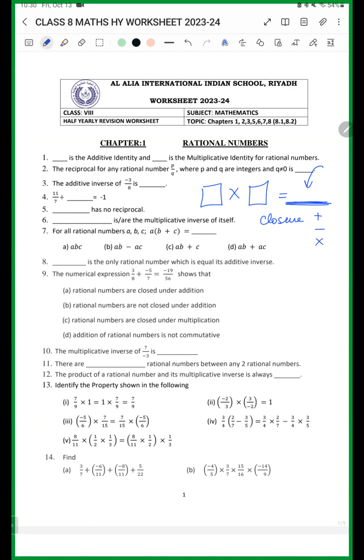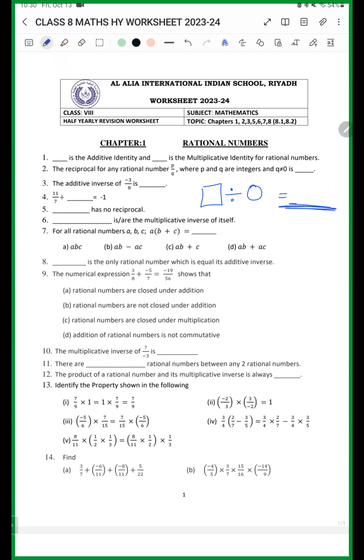But under division, does it hold closure property? No. Why? Because the answer will be 0. No, the answer will not be 0. Because if you divide any number by 0, the answer is not defined in rational numbers. So that is why they are not closed.